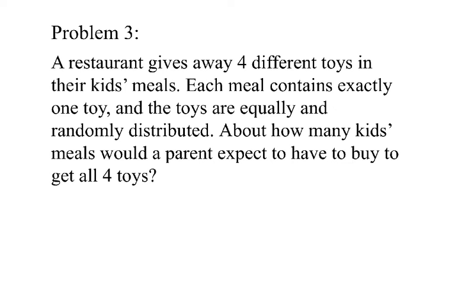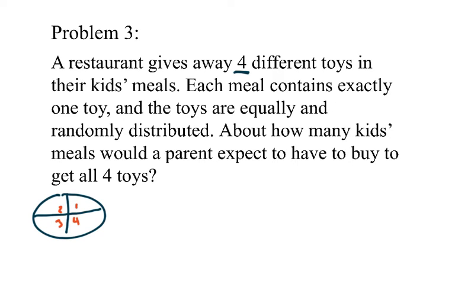So about how many would we have to do? One thing that we can do is, we want something that has 4 different options. So we can use a random number table, or to mix it up, we can use a spinner. So what we can do is spin this spinner and see how many times I would have to spin it so that I land on each option at least once.